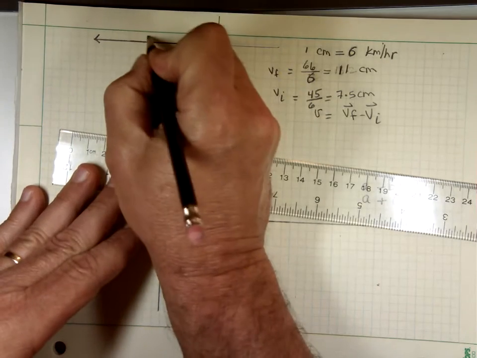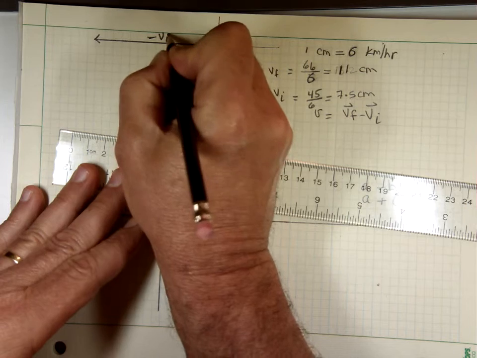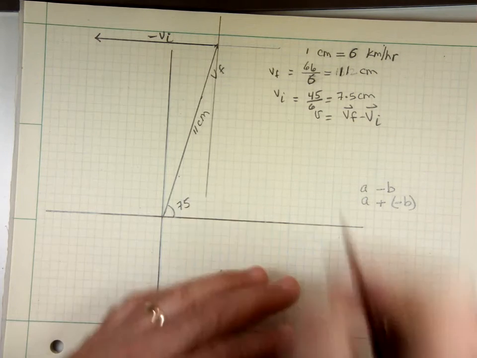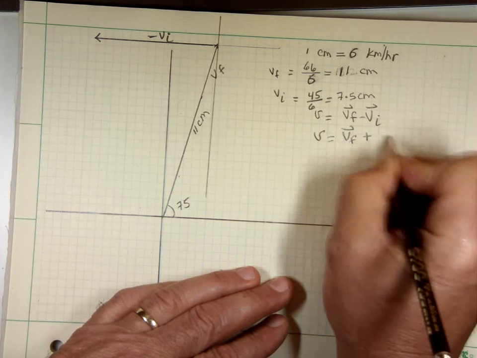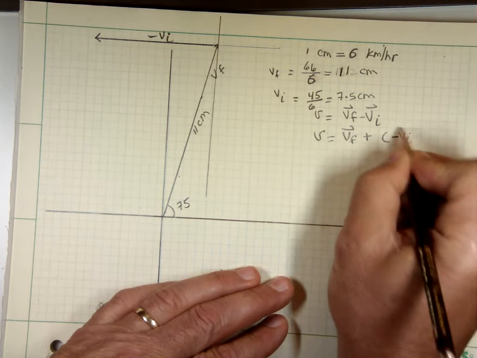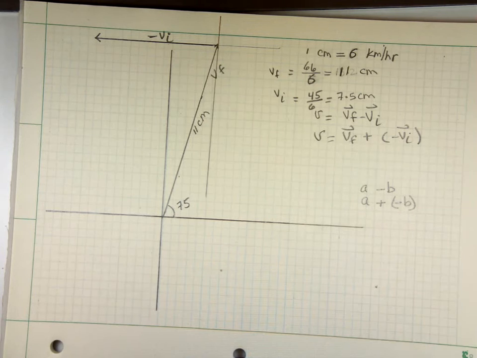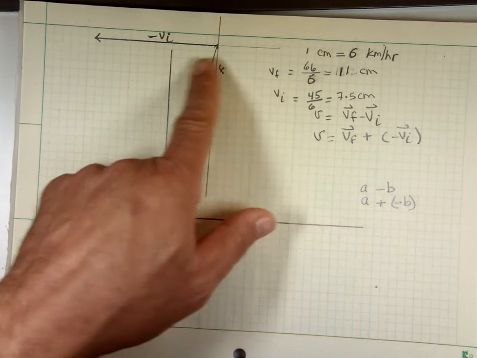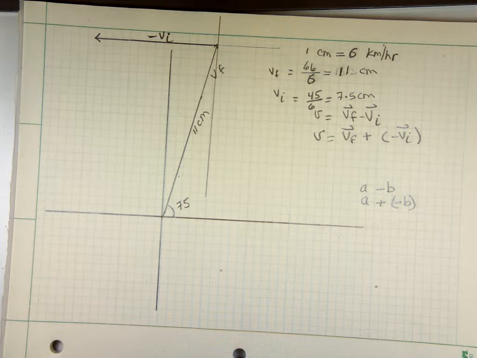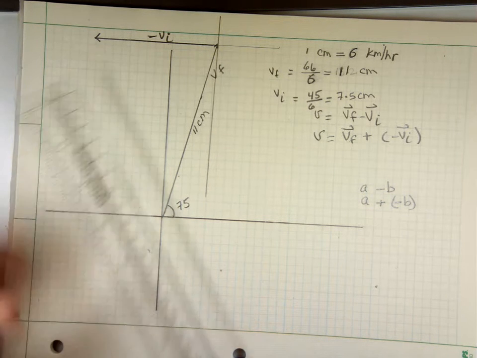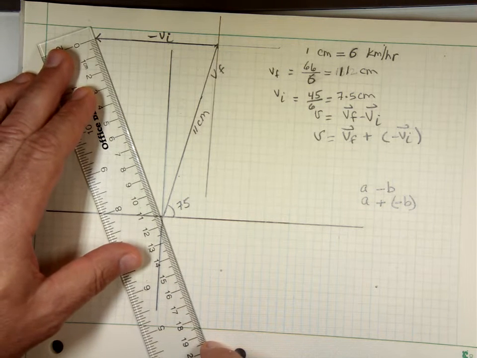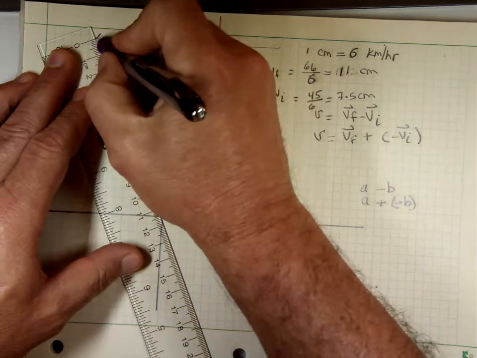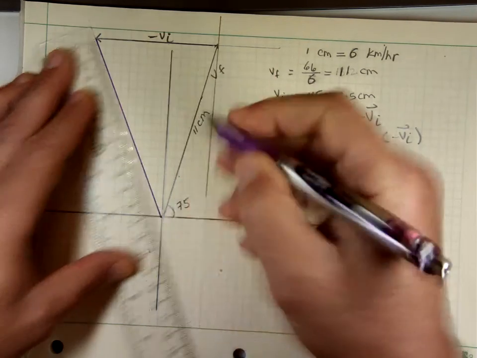This is actually negative V initial. So instead of subtracting, I'm now adding the opposite of that vector. And for the opposite, you switch the direction of it. So from this, we draw the other vector in the backward direction. And the result that you're looking for, what the answer is going to be? The answer is this vector. That's the result.